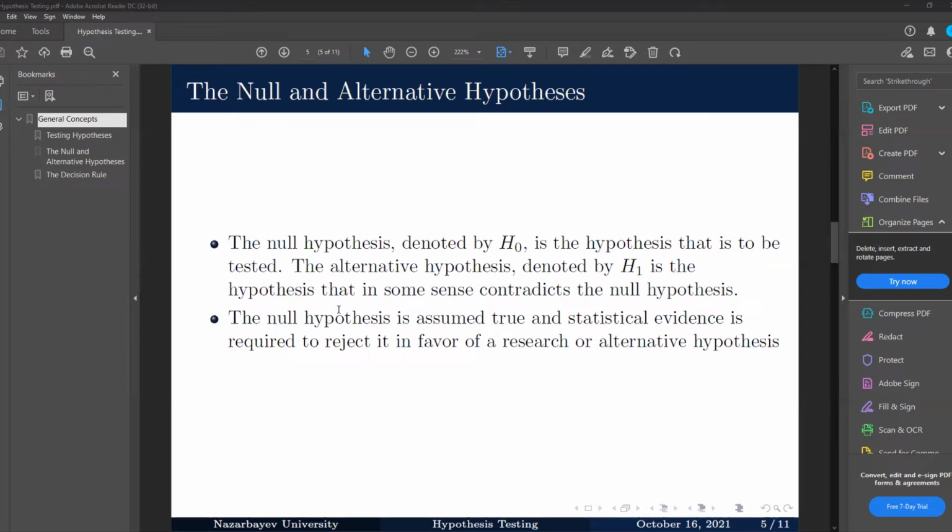So our null hypothesis is some preconceived conservative idea about the values of our parameters. So let's assume that you want to test whether biology students, for instance, at Nazarbayev University have a higher IQ than students of some other major.